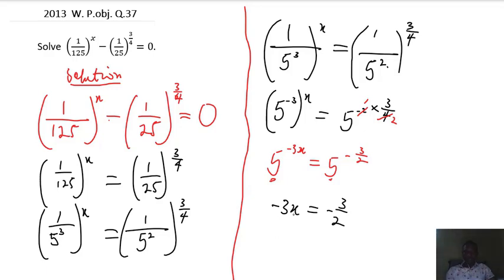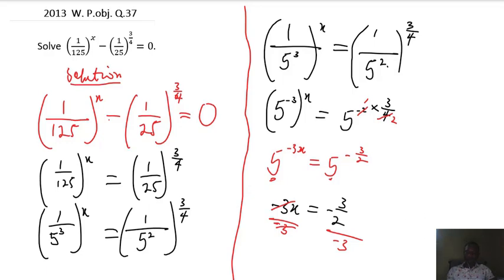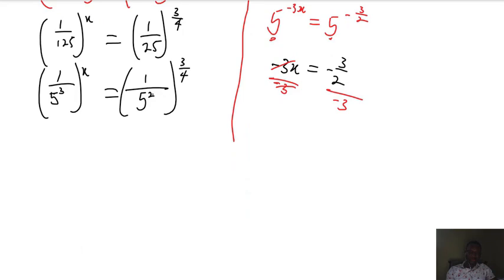So first of all, let's get rid of the coefficient of x, which is negative 3. Meaning we are going to divide through by negative 3, and this one also divided by negative 3. So this negative 3 will cancel the coefficient of x. Then we have x is equal to negative 3 over 2 divided by negative 3.